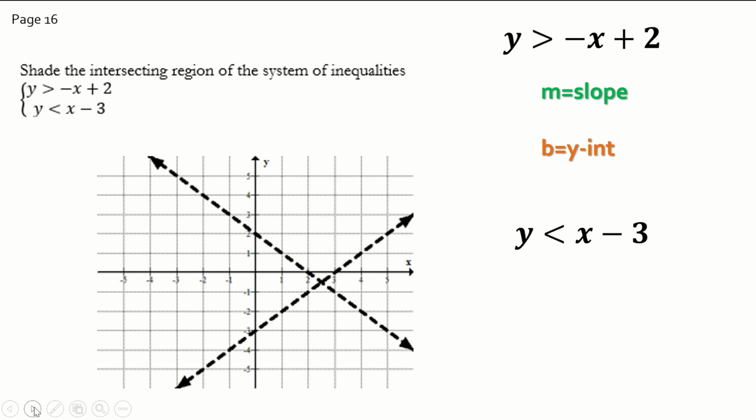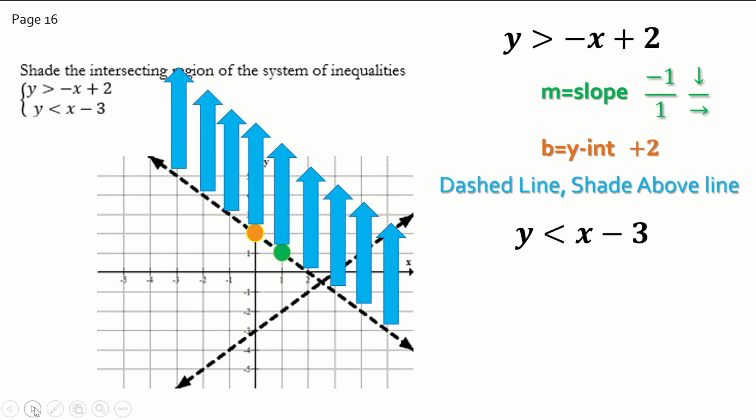So remember, we start at b, which was the positive 2, and we go slope, which was the negative 1 over 1. So we go down 1, right 1. And since it says y values greater than, we shade above the dashed line. The second inequality reads y is less than x minus 3.